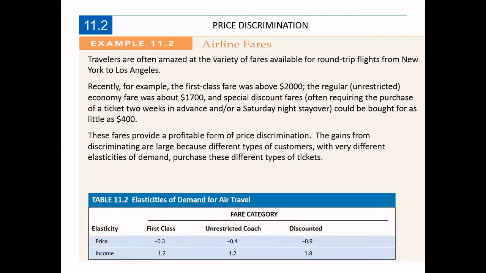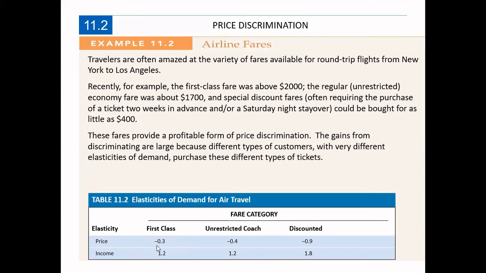I like this example very much because it shows the fare prices and the elasticity. As you see here, this is the elasticity of income, and this is the price elasticity. For me as a first class passenger, it will be inelastic.